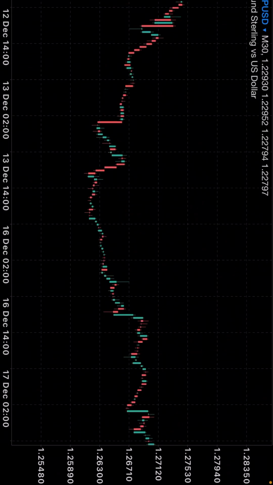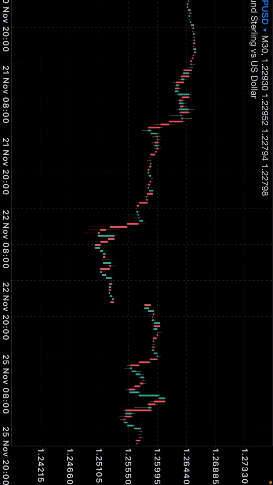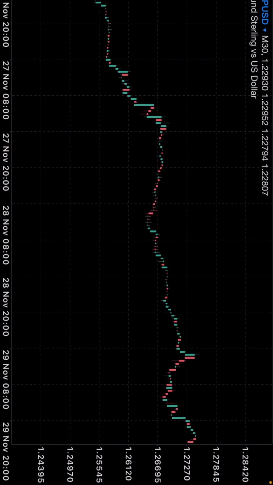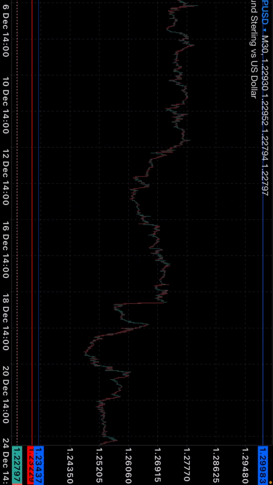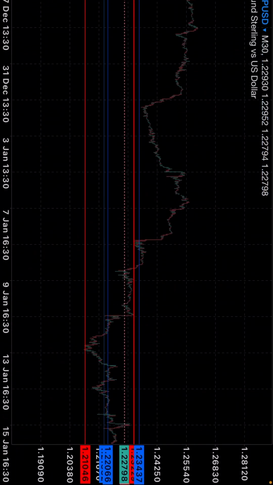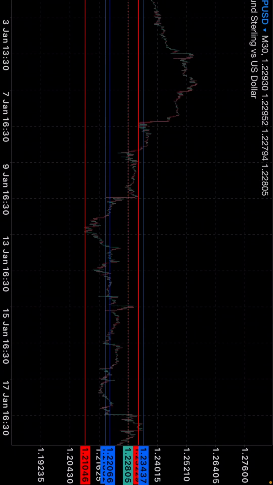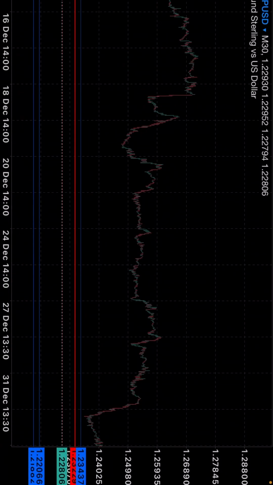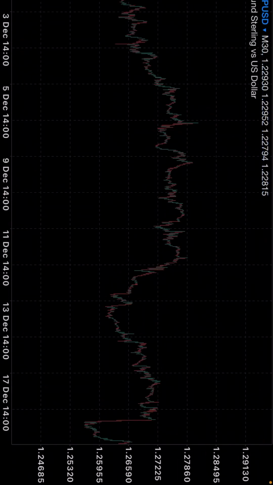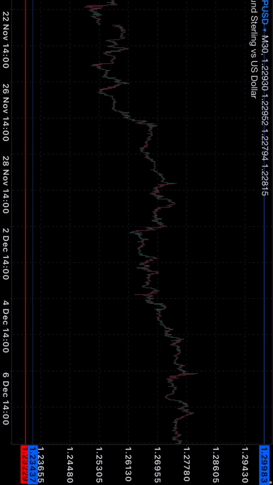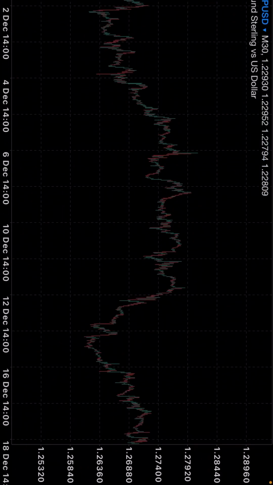So I think this trend started in December. Let me just zoom out. So this trend started December. As you can see, it's from up here.